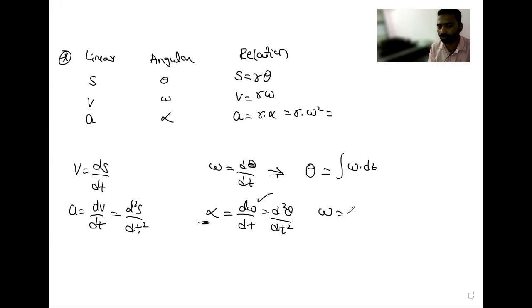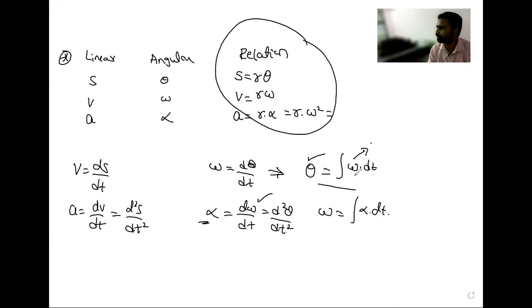Omega is equal to integration of alpha into dt. Is it correct, all of you? In the morning, the velocity function was given, 3t square something. We have determined the displacement by integrating the term. Correct? So if you know this, then you can solve any kind of problem.